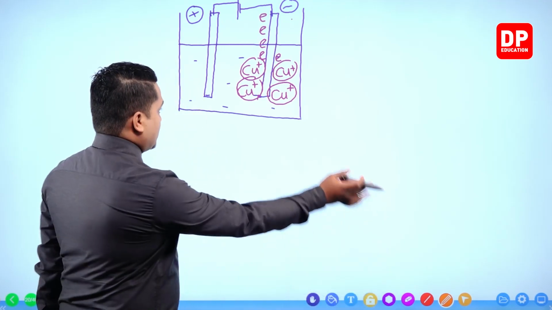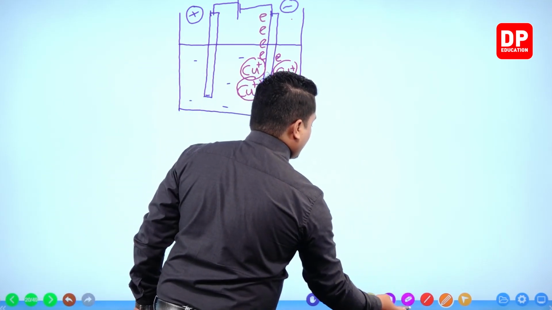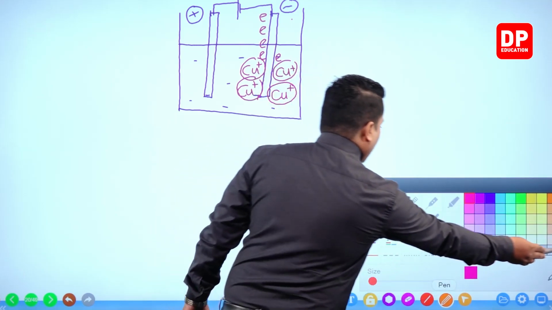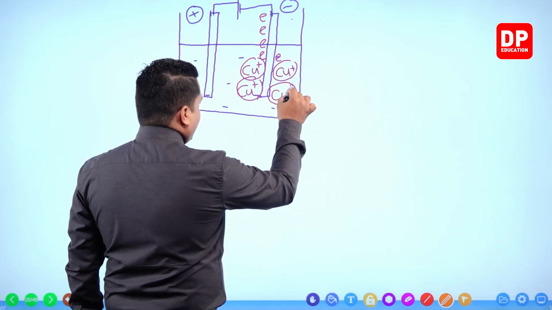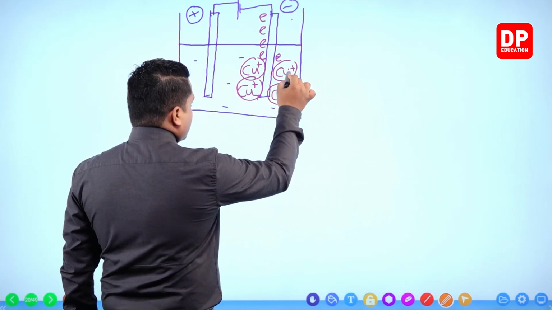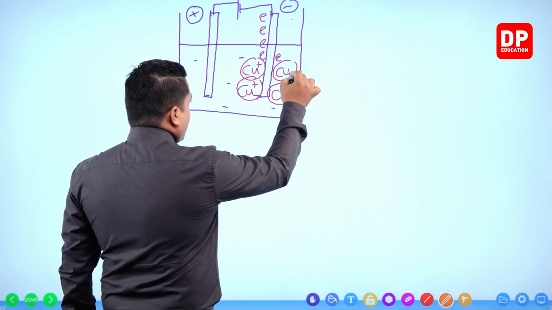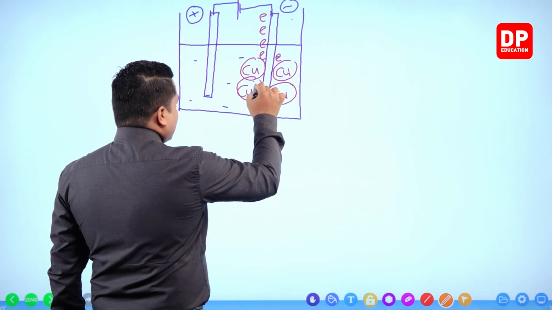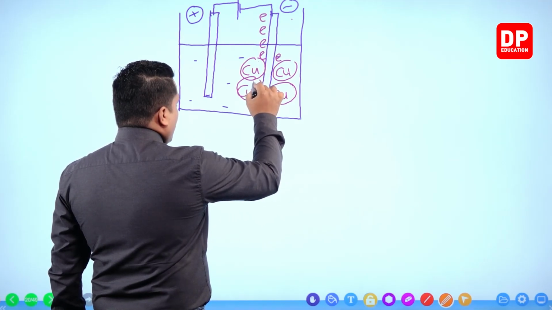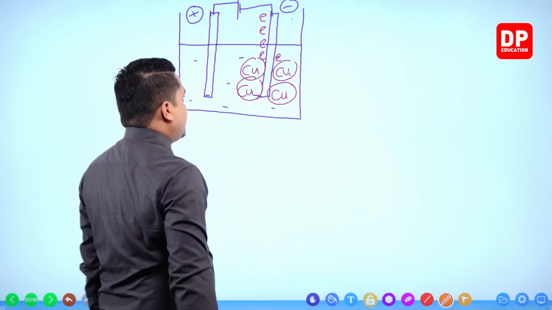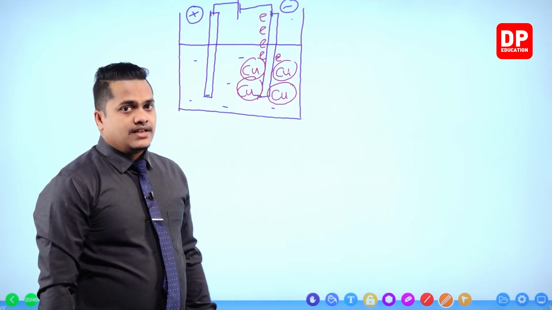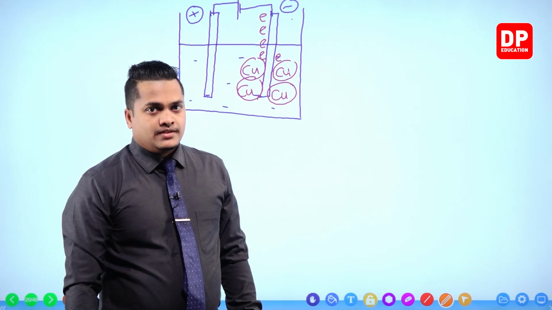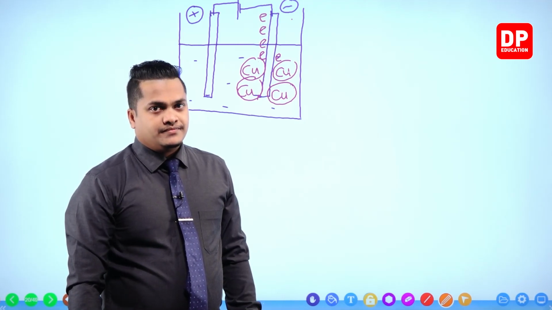So all the positive charges are going to disappear as they receive electrons from the electric source coming over there. And the copper metal is deposited on the negative terminal as they receive electrons once again.